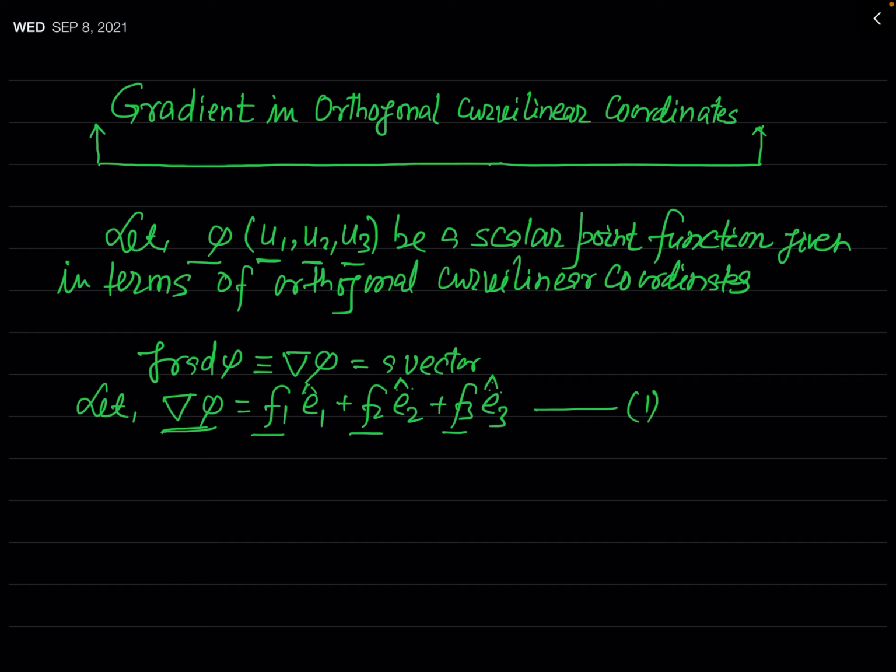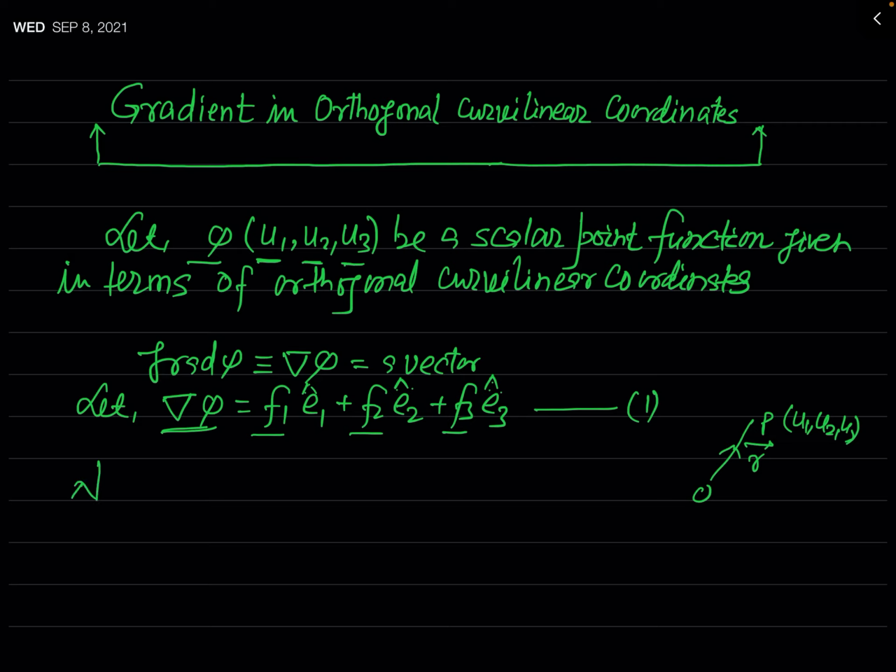For this, you know the transformation equation: the position vector r of any point relative to an arbitrary origin is expressed as a function of the curvilinear coordinates u1, u2 and u3. You have already studied these things in the previous lecture.